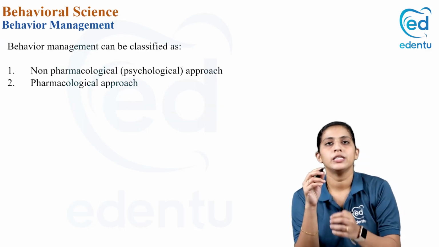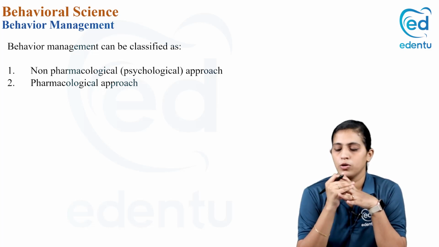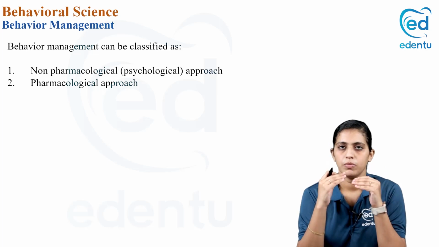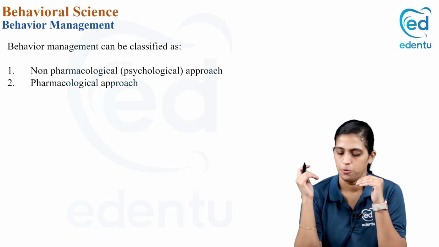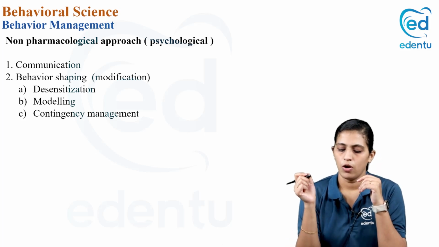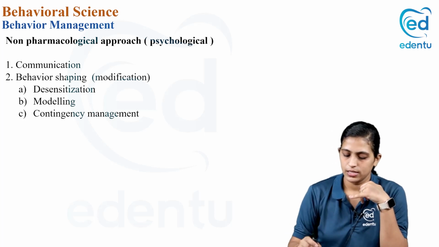Now, behavior management can be classified into non-pharmacological and pharmacological approaches. The non-pharmacological approach is basically the psychological approach, and the other one is the pharmacological approach. In the non-pharmacological approach, first comes communication, next is behavior shaping.